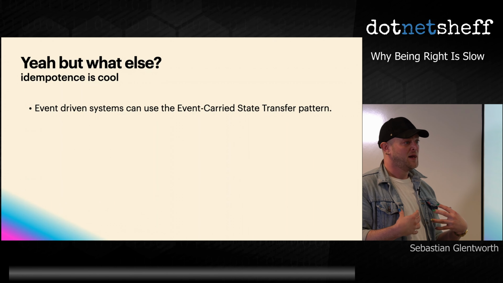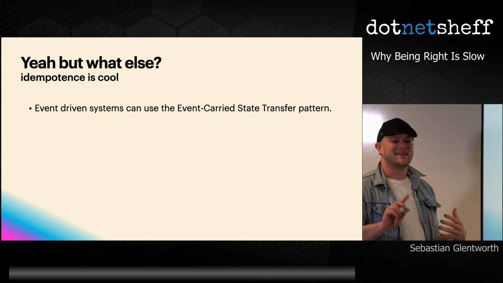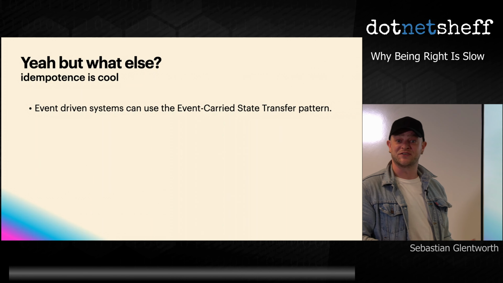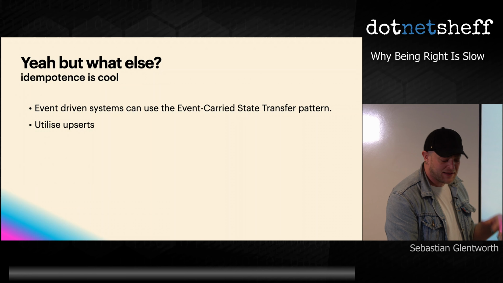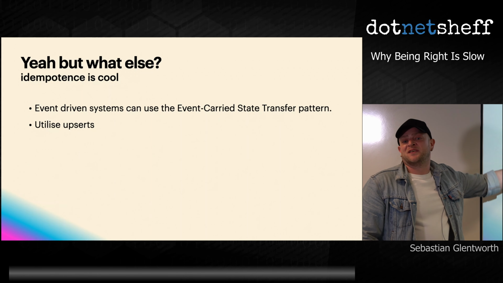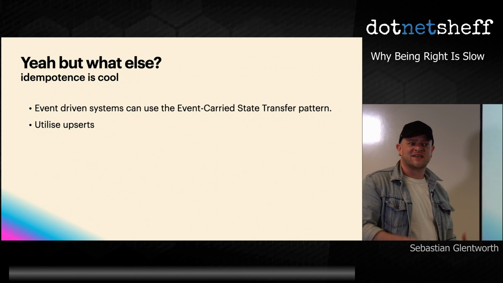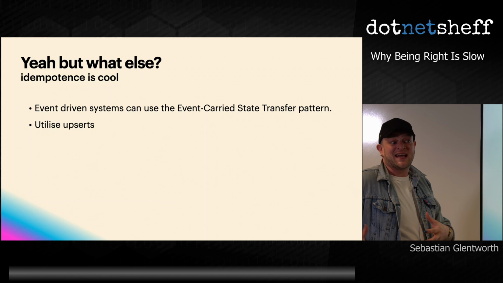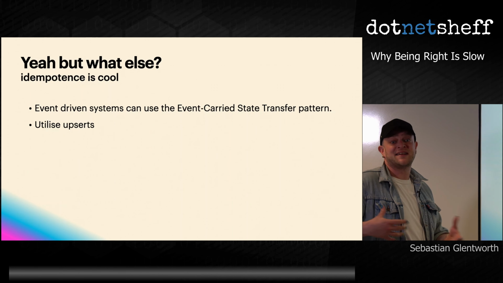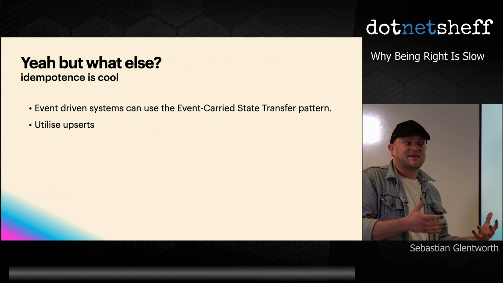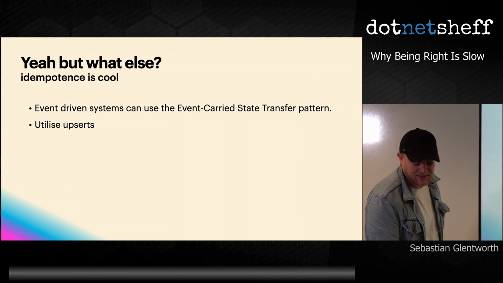So when it comes in, you say, I've already got a version of this, and it's newer than the one I just received. Therefore, I save the newer one. Things like that. So that's a pattern of upserts, in which an insert and an update are kind of the same concept. Essentially, if you get the later version, you insert it as an upsert.